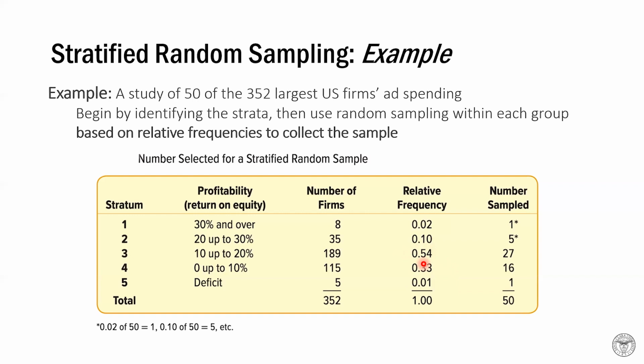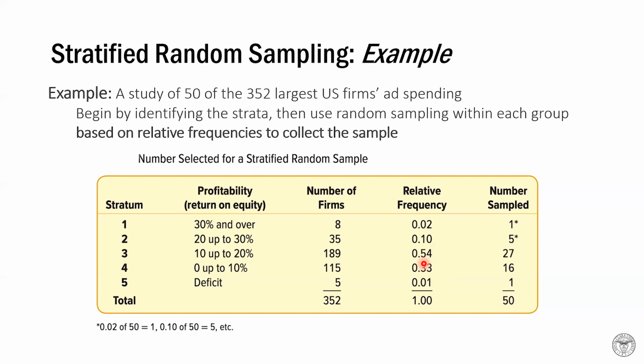We might not select any firms in stratum 1 or 5 simply by chance. However, stratified random sampling will guarantee that at least one firm in each of strata 1 and 5 is represented in the sample. Let's say that 50 firms are selected for intensive study.